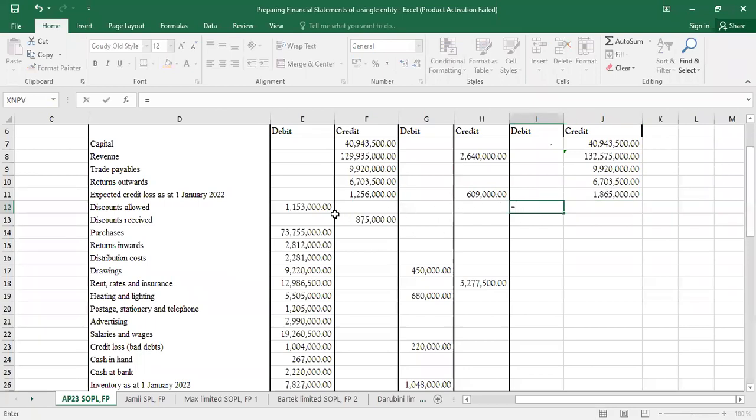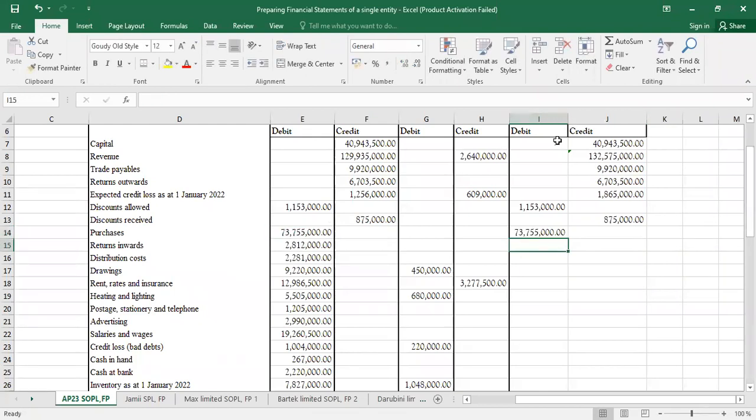Discount allowed will come in as it is. Then discount received will also come in as it is. Also purchases, there was no adjustment. I just widen so that it's seen. Also for return outwards up to drawings, so I'll drag up to drawings.